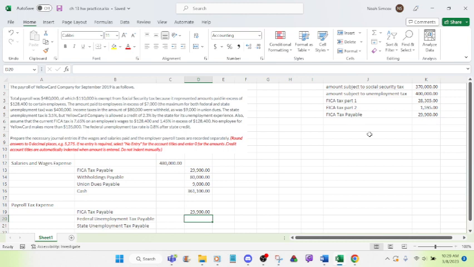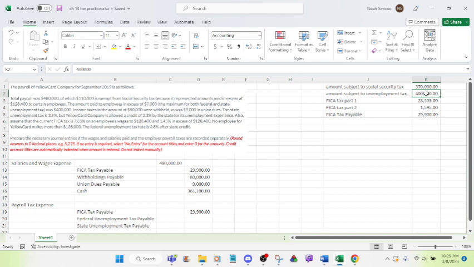Wait, hold on a second. No, that's not right. So you can only tax it on the first 7,000, not the 400,000 after that.